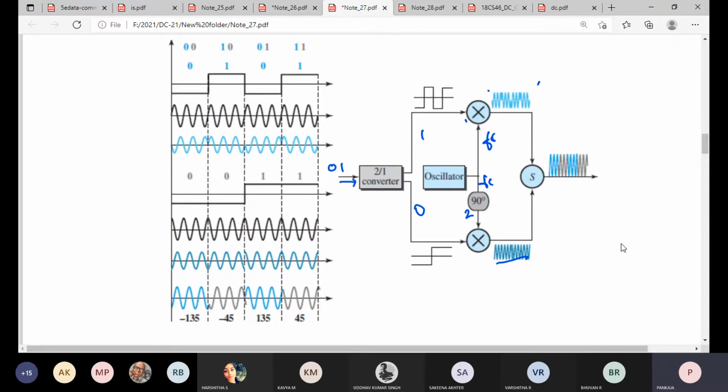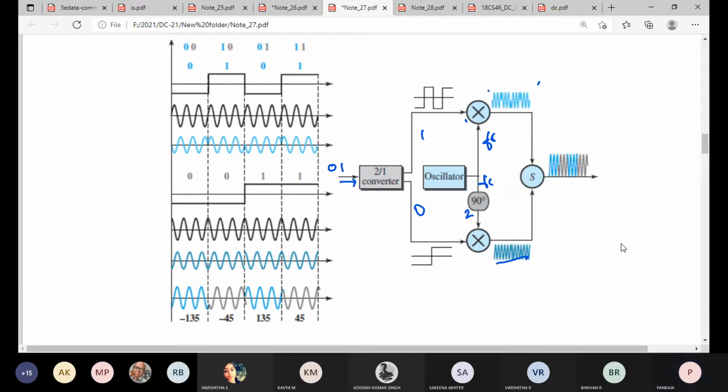So now you can just observe. After converting, one bit directly with the carrier frequency and multiplied with the input signal, you will be getting the output with some phase. Similarly, you can observe another carrier frequency that is shifted with a phase of 90 degree.